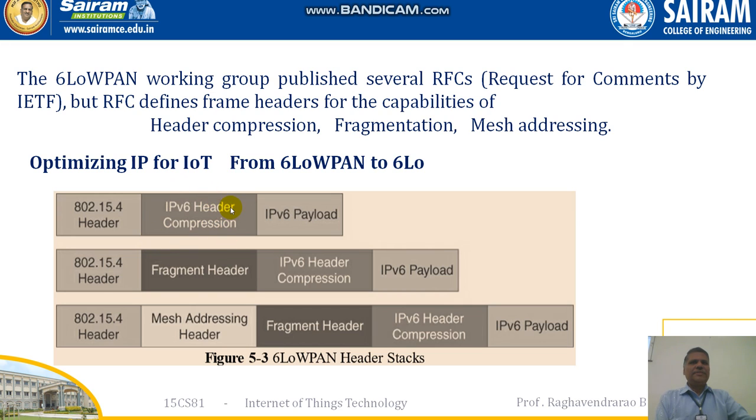First is IPv6 header compression, then the IPv6 payload. Next is the fragmentation header, then IPv6 header compression, which is the same with no change, then the IPv6 payload. Again, the mesh addressing header is the third layer, followed by the fragment header, IPv6 header compression and IPv6 payload.